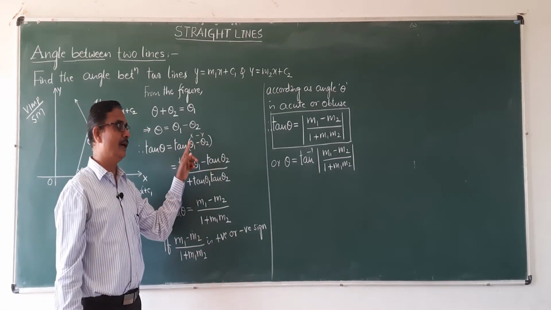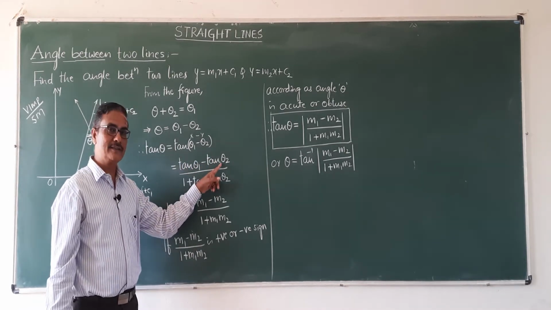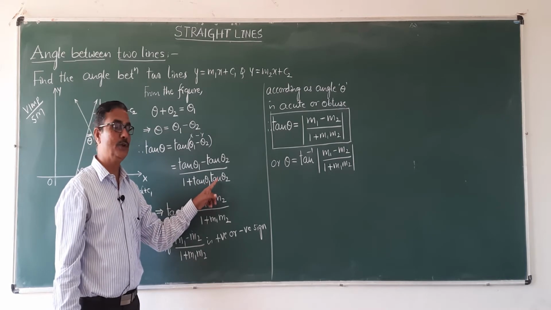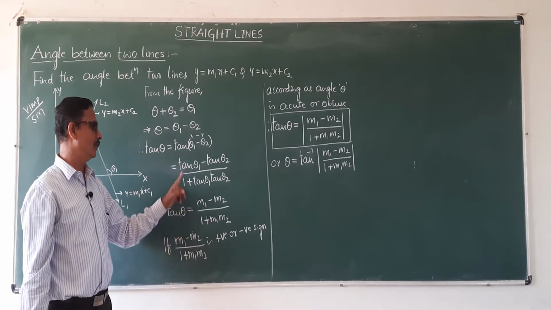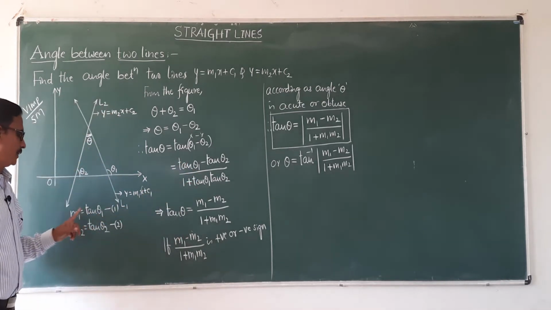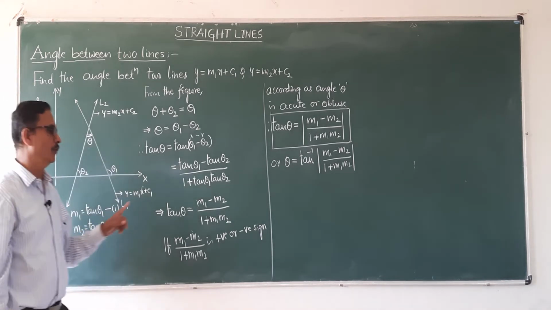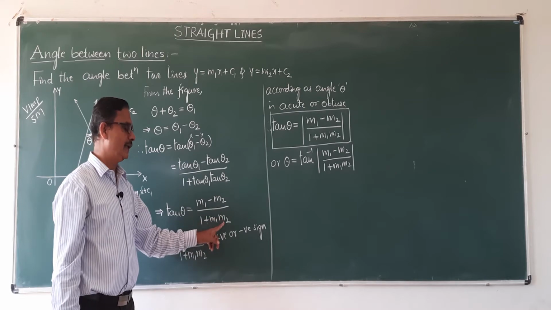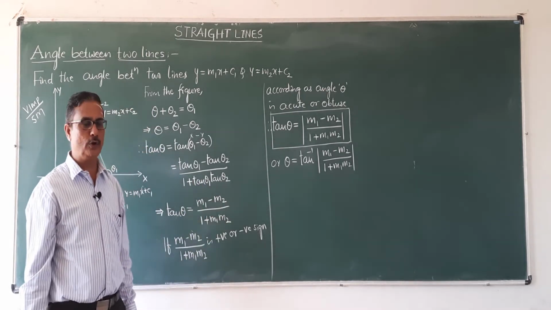Instead of x and y, here theta 1 and theta 2, that is tan theta 1 minus tan theta 2 divided by 1 plus tan theta 1 into tan theta 2. So tan theta is equal to the value of tan theta 1, equation 1, m1, minus tan theta 2, value of equation 2, m2, divided by 1 plus m1 m2, where m1, m2 are slopes.